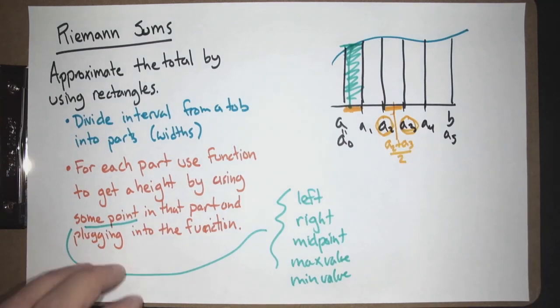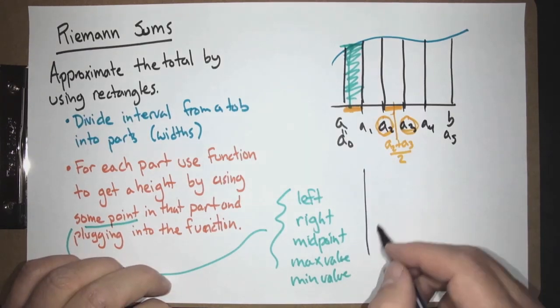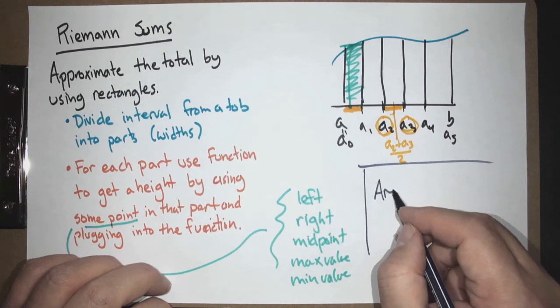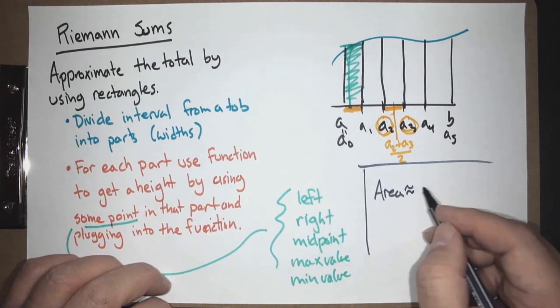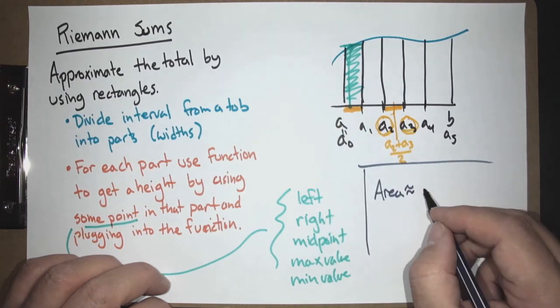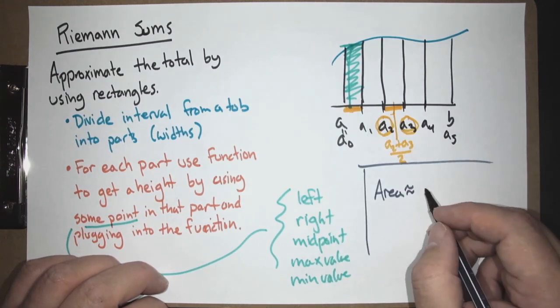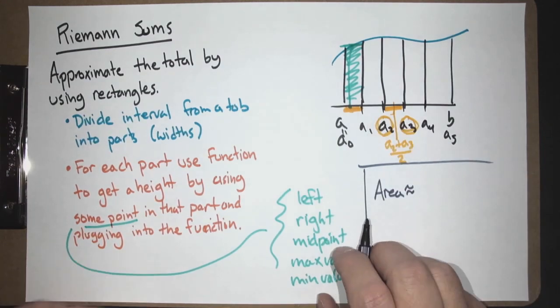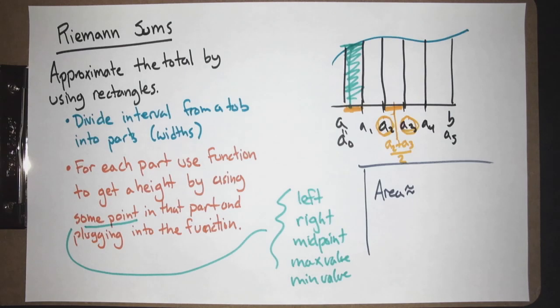That's the midpoint. So, the punchline here is the area is approximately, trying to think of how to write this in a convenient way. How is it written on here? Yeah, here we go.